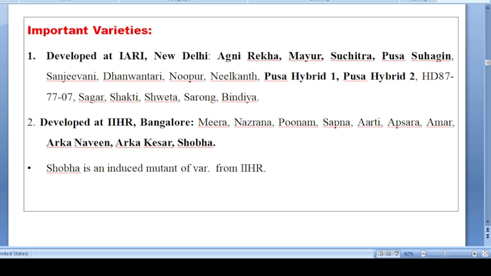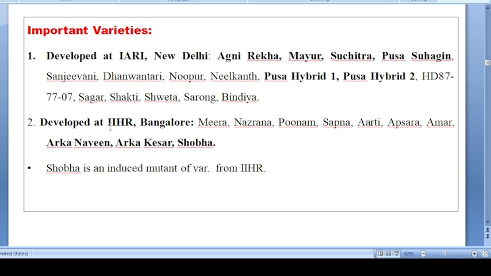Pusa Suhagin, Pusa Hybrid 1, 2 like this. We can see a lot of varieties under IARI also. Normally Agni Rekha and Suchitra, they will ask. Suchitra is a variety of Gladiolus.